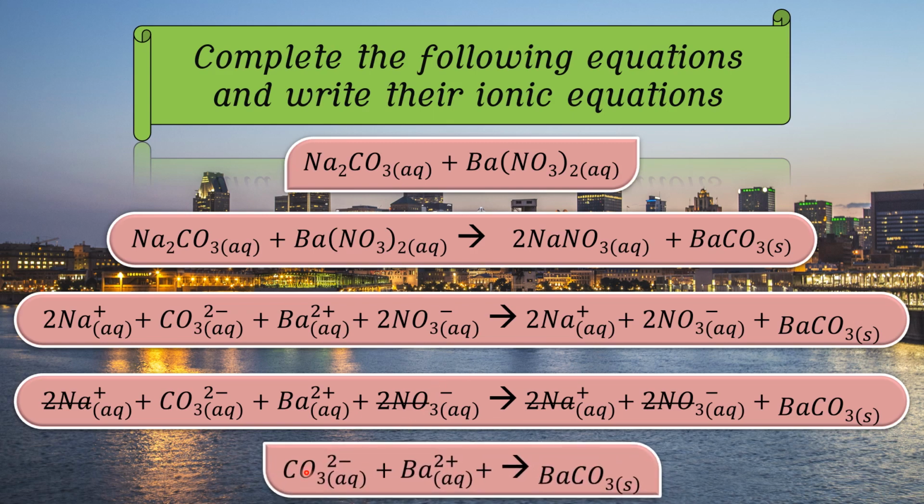So we get our ionic equation as carbonate ions aqueous plus barium ions aqueous, giving us barium carbonate, which is a precipitate. That is our ionic equation.